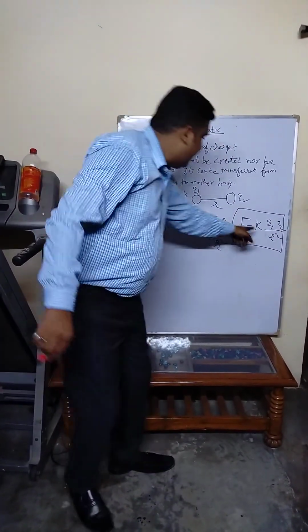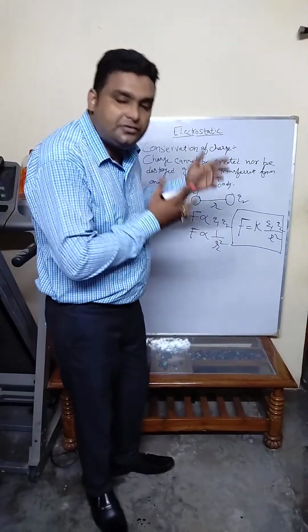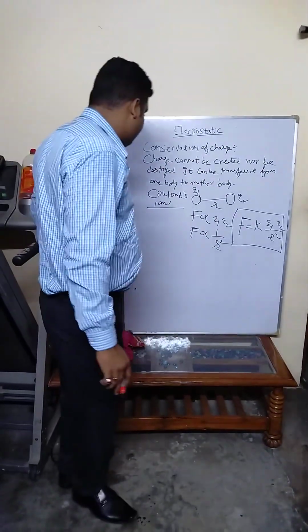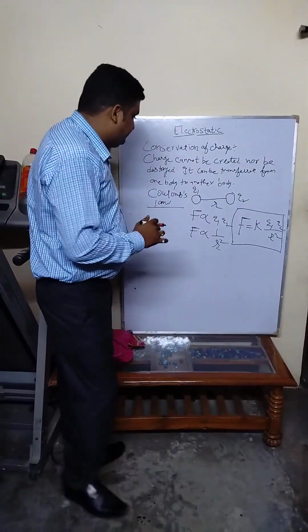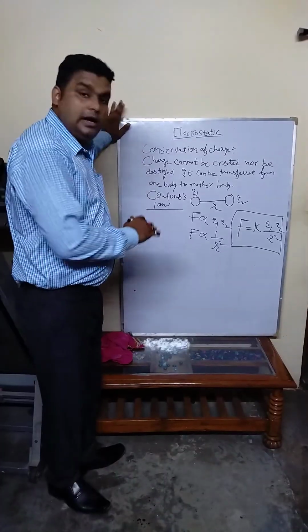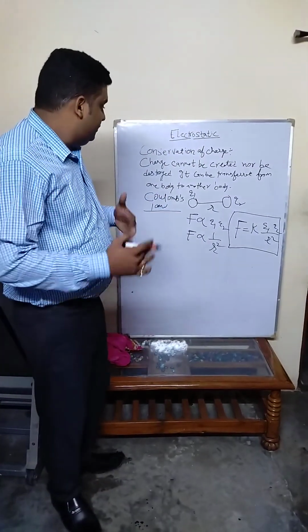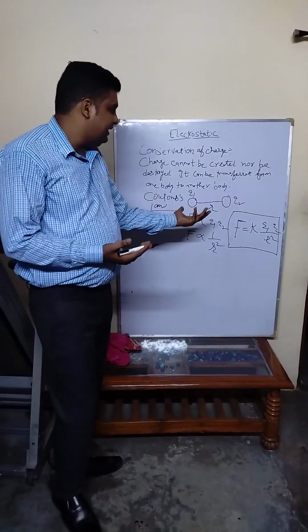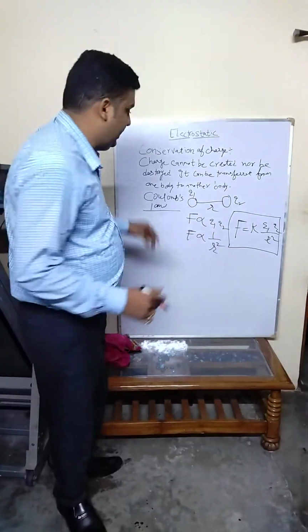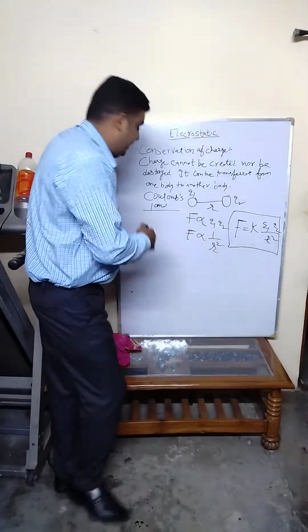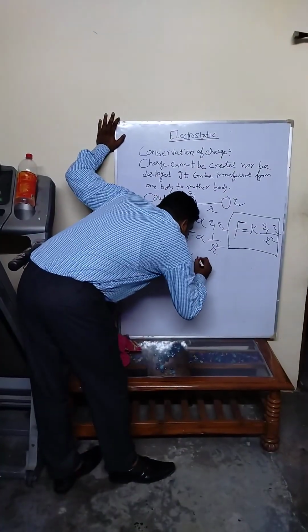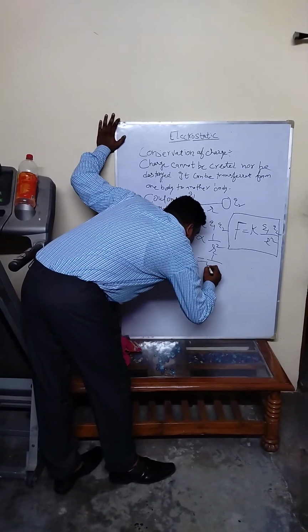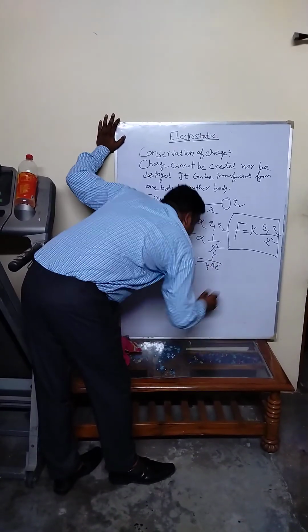And here K is what? K is a constant of proportionality. Okay, so till now we have studied Coulomb's law. So Coulomb's law simply is K Q1 Q2 upon r square. Now what is the value of K? K is equal to 1 upon 4 pi epsilon.